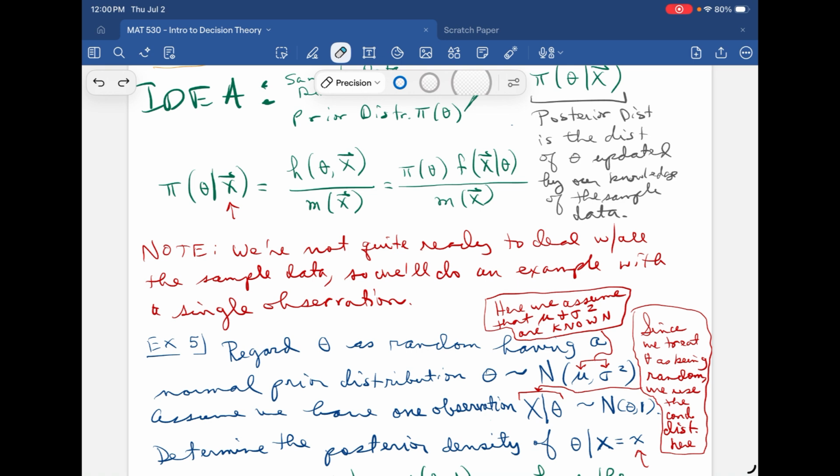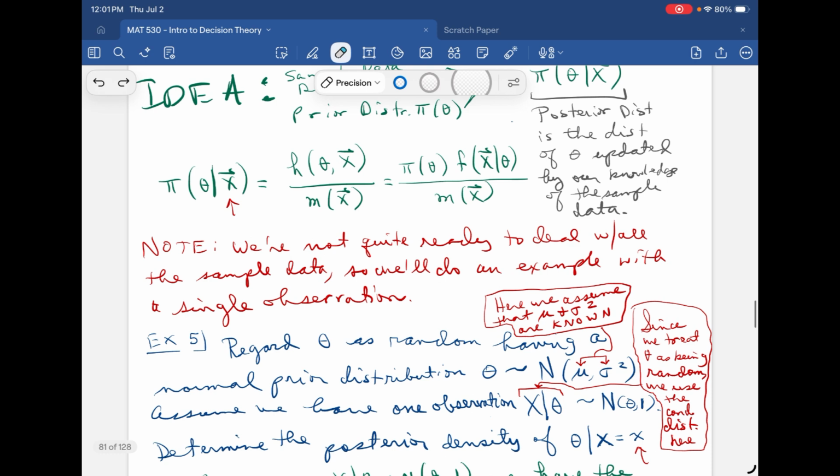Okay, so let's say theta has some normal distribution, as we see here, with mean mu and variance sigma squared. And it's important throughout to divide between those things that we know and those things that we don't know. And in this case, mu and sigma squared are both known. And then also we're going to assume that we have an observation of our data.